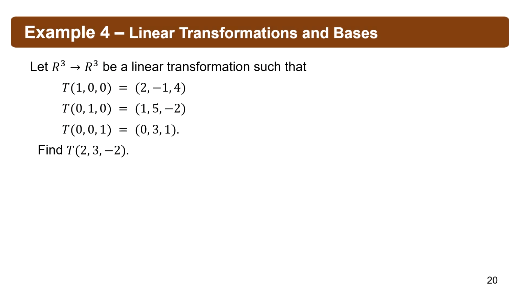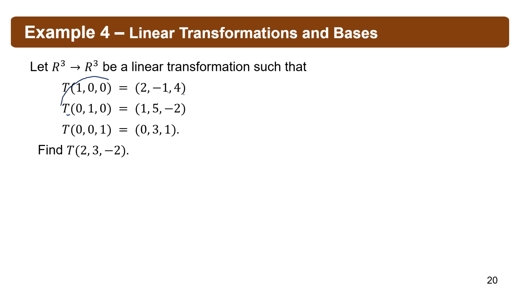Let us apply the theorem to 6.1, number 4. That is for the linear transformations and bases. So let's say your transformation T(1, 0, 0) is (2, -1, 4), T(0, 1, 0) is (1, 5, -2), and T(0, 0, 1) is (0, 3, 1).